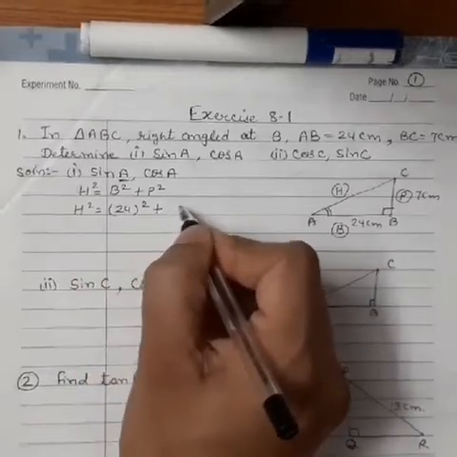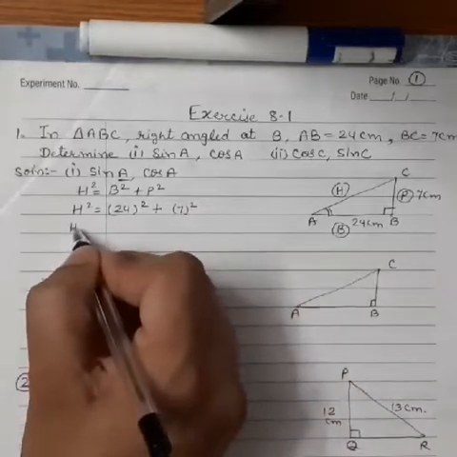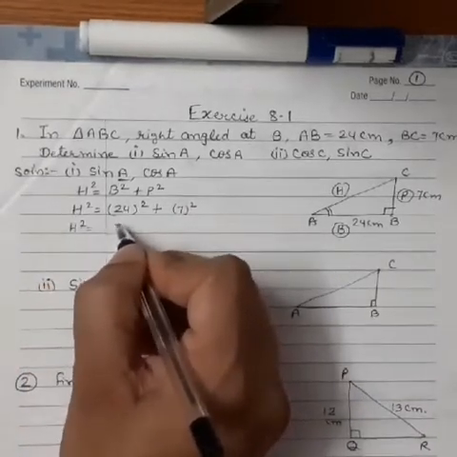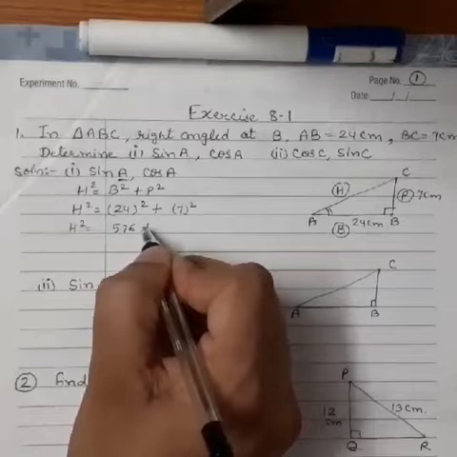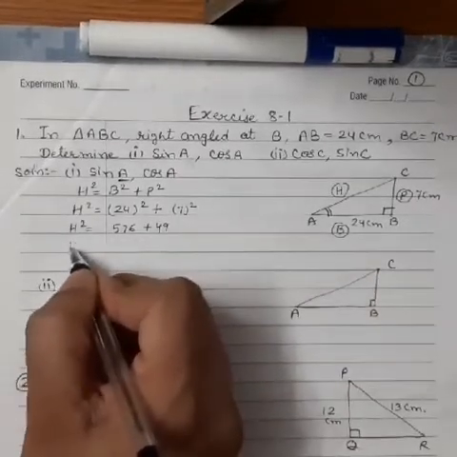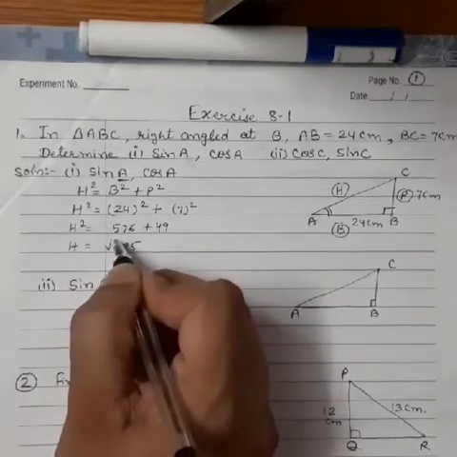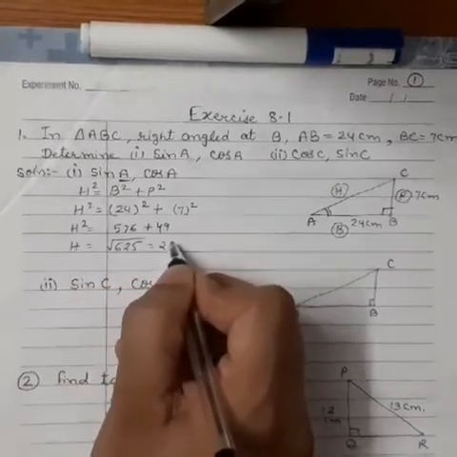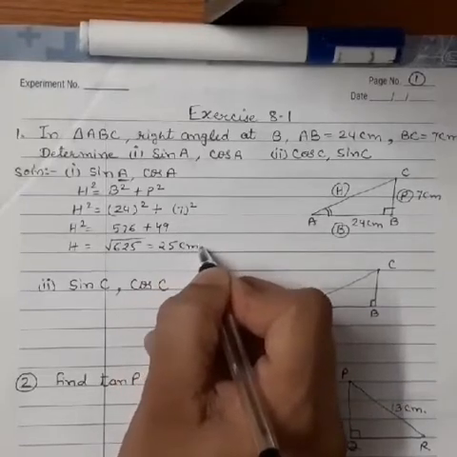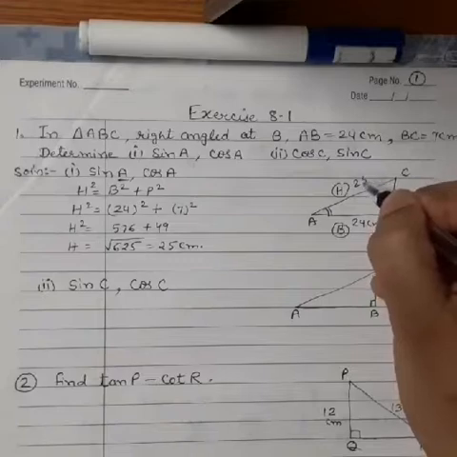What is p? 7. Then this is 576, 24 square. 7 square is 49. So this will be 625. Take the square root. This is 25 centimeter.